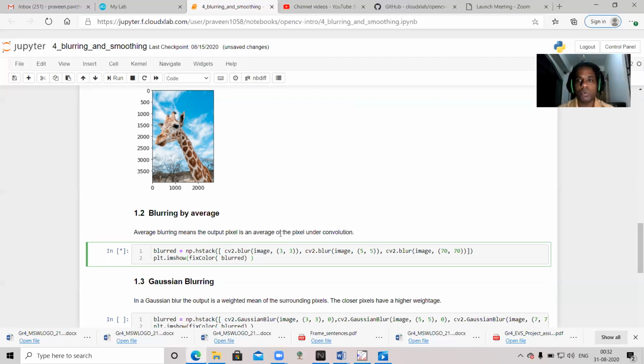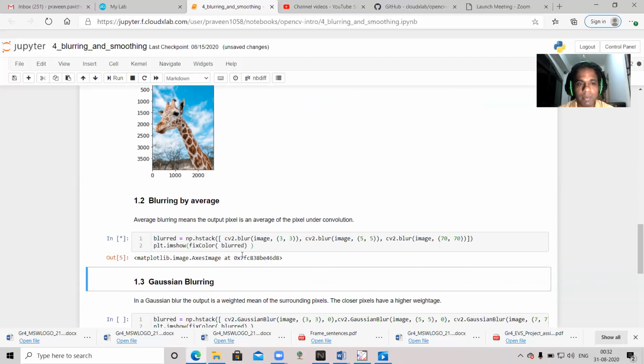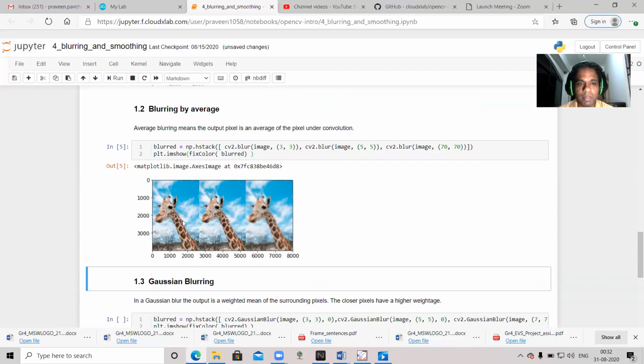This is just to show you what averaging looks like and what it means. We're running blurring with three different kernels, so you can see how a 3 by 3 kernel looks, how a 5 by 5 kernel looks, and how a 70 by 70 kernel looks. When you run a 70 by 70 kernel, the image is a lot more blurred.